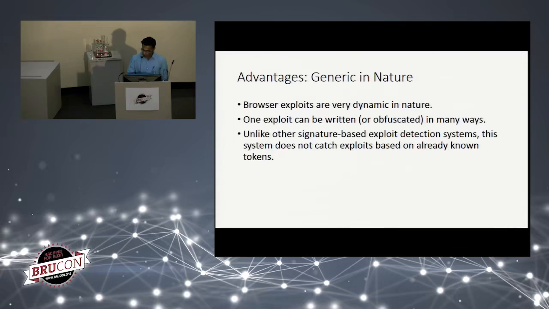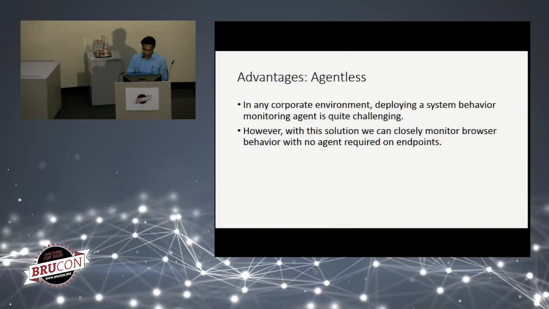So this is a generic exploit detection technique, and it is also agentless. As we have seen so far, there is no agent required to be installed on endpoints. So this is an agentless solution.